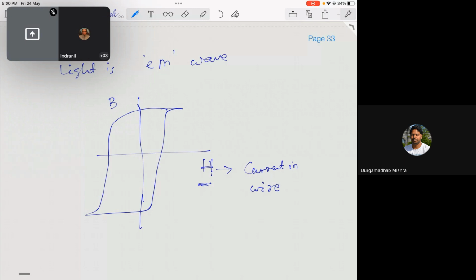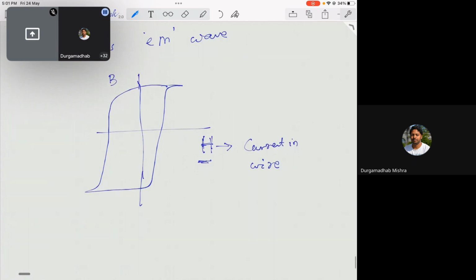Once you have that, in a material there will be a magnetic field, the B field, generated there, which is different from the actual magnetic induction. So what is the difference?